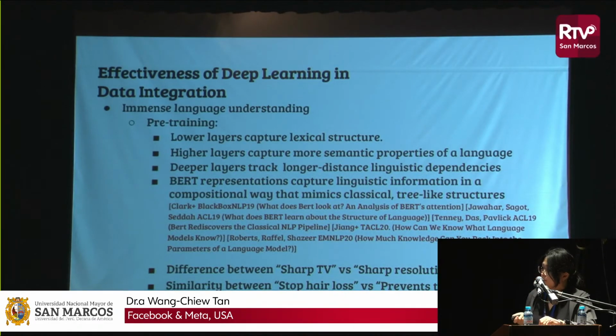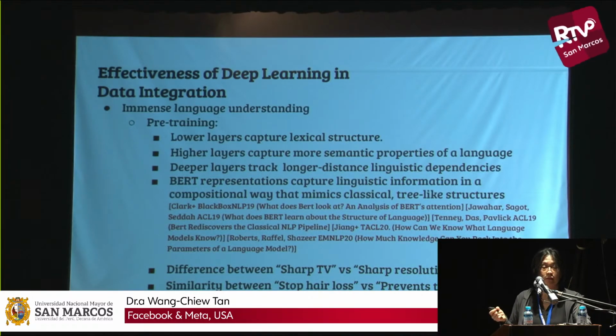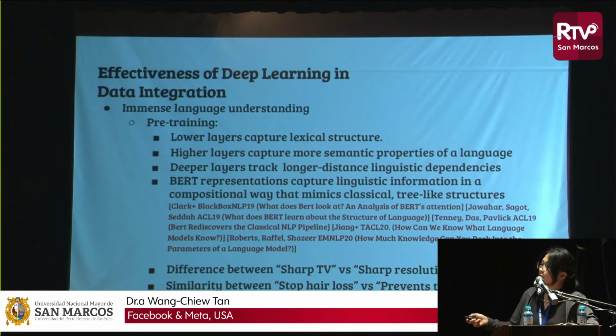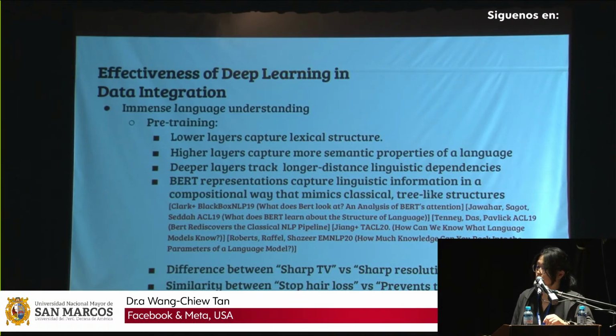They also have an immense understanding of language, like I pointed out earlier. There were studies in the NLP community that show that the lower layers of BERT are very good at capturing lexical structure, but the higher you go, you get more semantic understanding of the language. I just want to point you to the last two bullets here, which will give you a very good understanding of what's going on. One phrase says sharp TV, another phrase says sharp resolution.